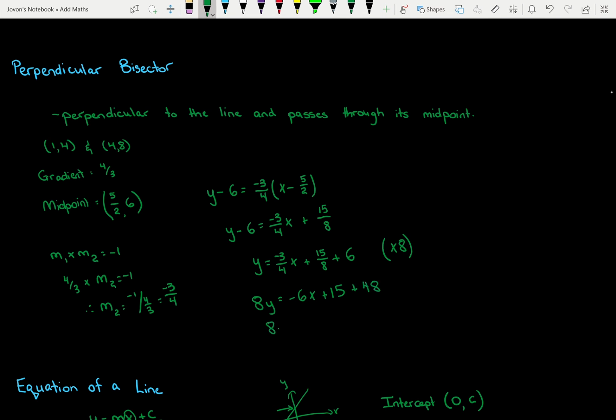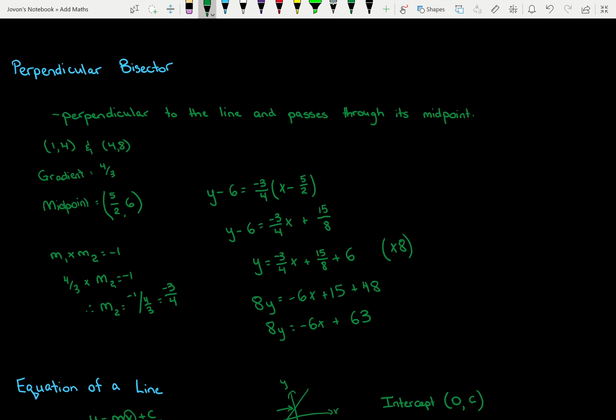So therefore we get 8y is equal to -6x plus 15 plus 48, so that gives us 63. So we get 8y is equal to -6x plus 63.